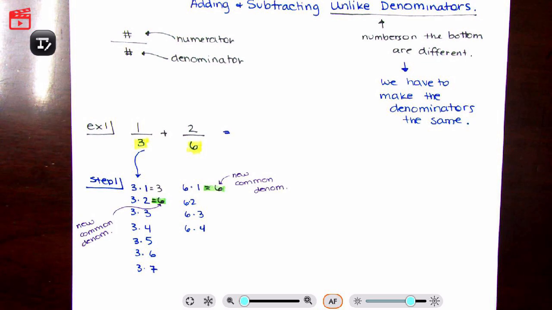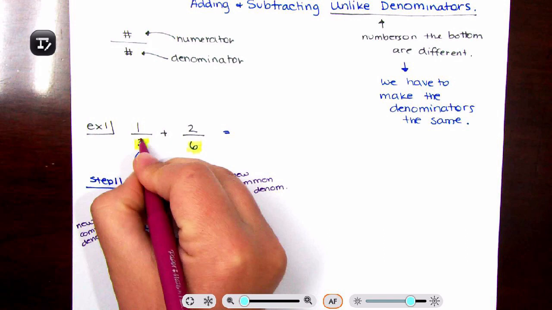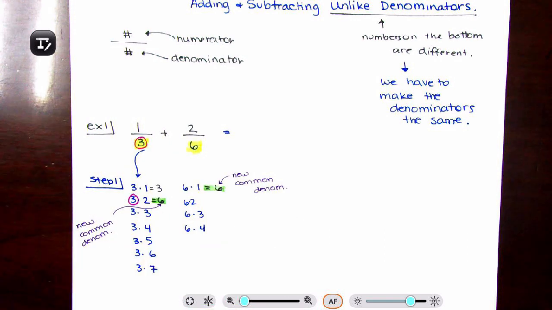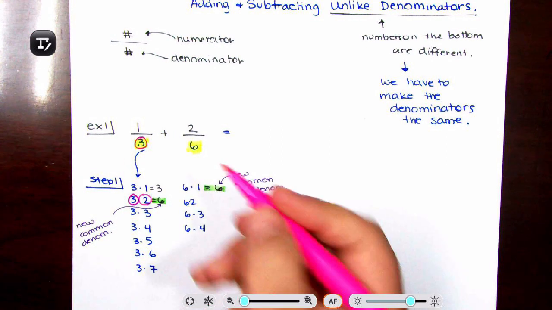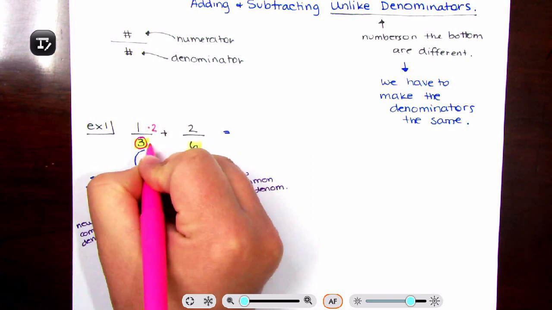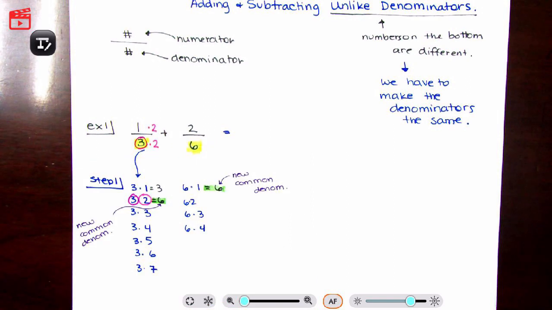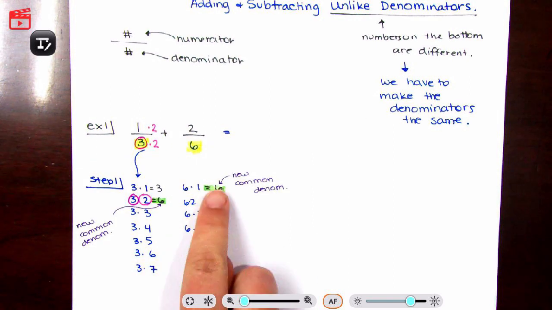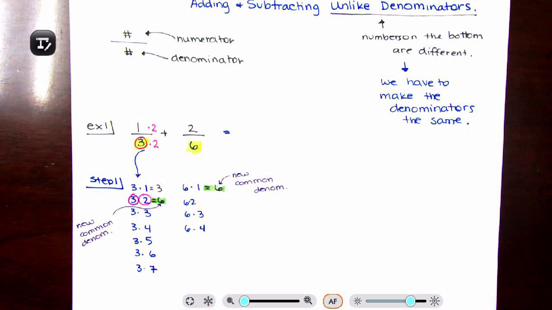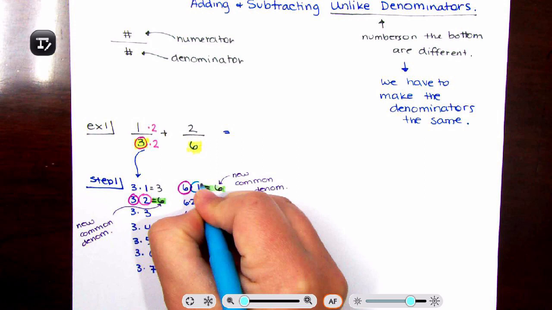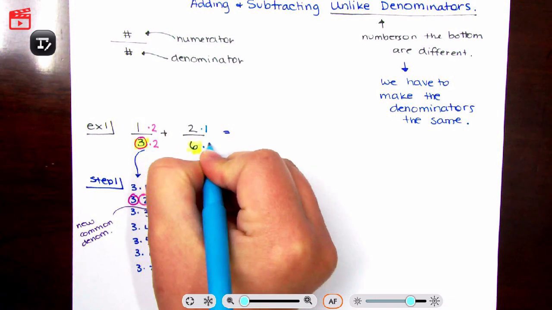Well, it happened because 3 was multiplied by 2. So I'm going to go back up here and multiply top and bottom by 2. How did this one become 6? Oh, well, that one was 6 already, so we didn't really do anything. We did 6 times 1. I'm going to go back up here and multiply by 1.